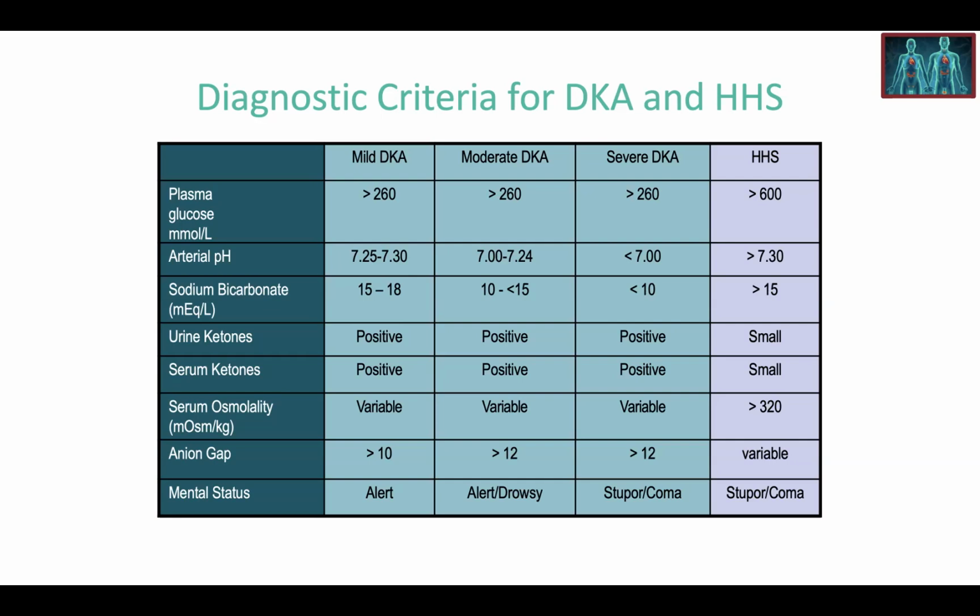It's significantly worse if the patient has DKA, because not only are they hyperglycemic and most likely hypovolemic, but they are also ketotic, which is donating metabolic acid into the bloodstream. But they all have a relative acidosis: mild, moderate, severe DKA, and HHS.